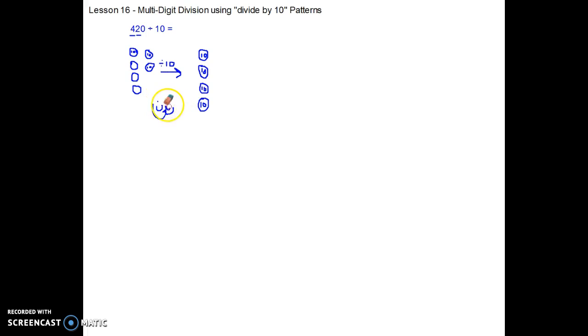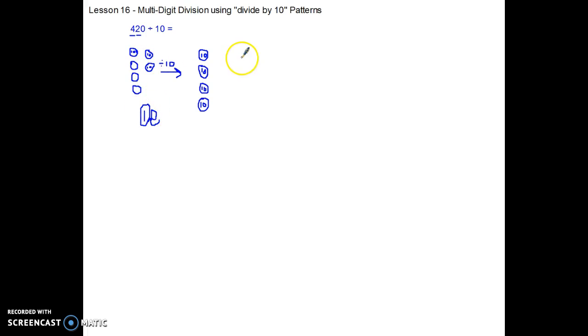And now I'm going to move on to my 10s discs in my original problem. And again, knowing what I know about dividing by powers of 10, when I'm dividing by 10, I move that decimal 1 over, and my new number is 1.